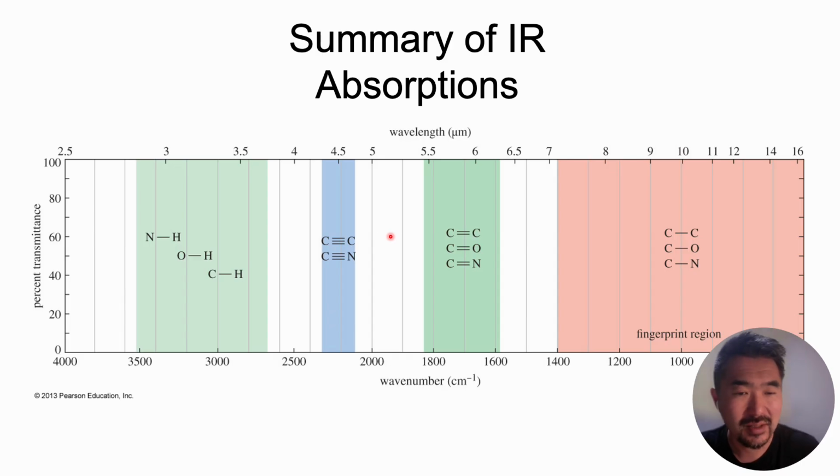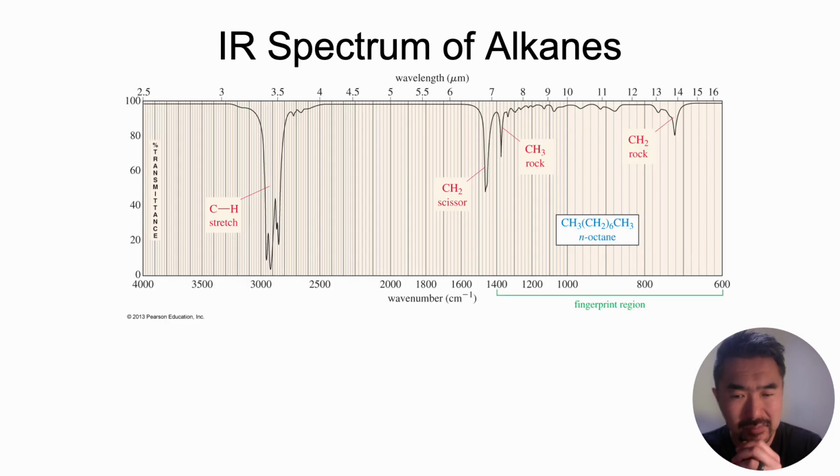Because it's a stiff bond. Less stiff would give you less of a frequency in this region. So that's what we're going to be looking at. The NH, OH, CH bonds. In this area, we can look at triple bonds. In this area, we would see the evidence of double bonds. Just to give you an example, right?